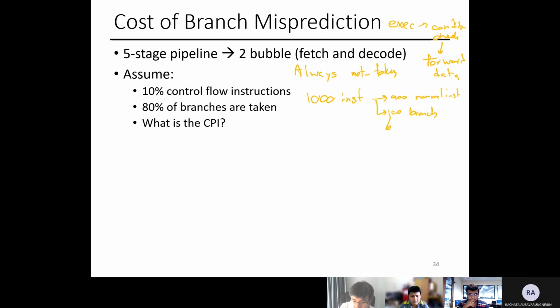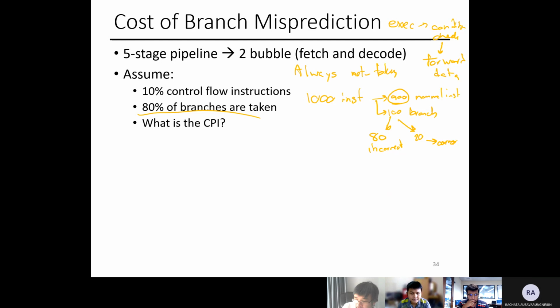Out of all the branches, 80 are incorrect, and 20 of them are correct, because we said 80% of the branches are taken and we always guess not taken. So this is a really bad program for our always not taken policy, right?